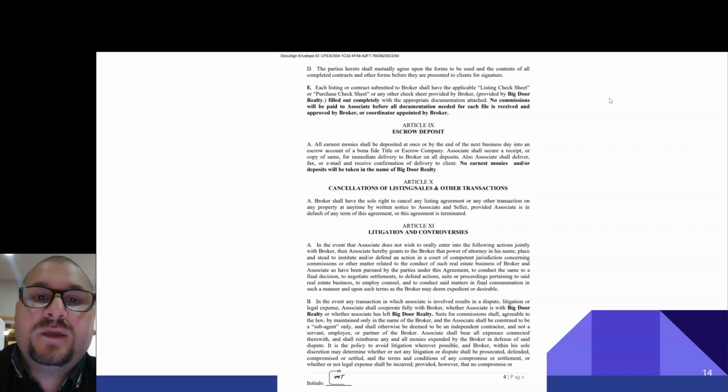No commission will be paid to associate before all documentation needed for each file is received and approved by broker or coordinator appointed by broker. So, your broker is going to give you a list, a check sheet, and then you just fill out the check sheet and you give them all the documents. Before they can give you the commission check, you have to fill out your check sheet.